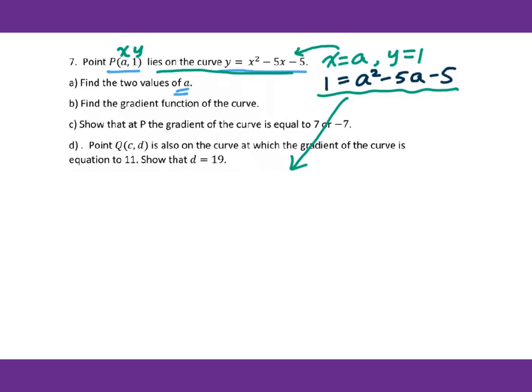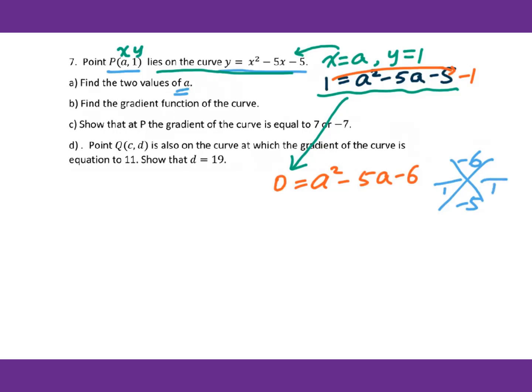Let's move over here. Remember, we want it equal to 0 if we want to use the factoring method to solve a quadratic equation. Therefore, we subtract 1 from both sides. You will get 0 equals A squared minus 5A minus 6. Then we do the ninja X here: negative 6, negative 5, 1, 1, negative 6, 1.